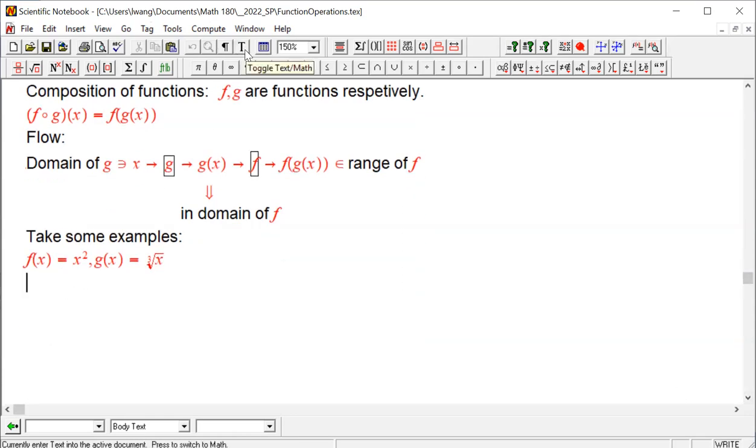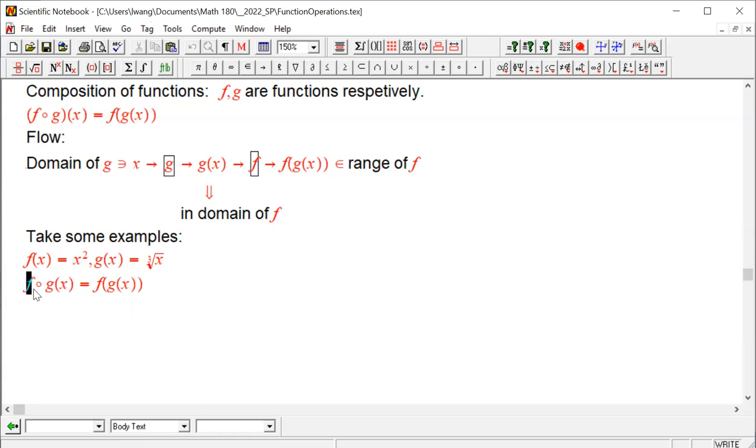I can do F composite G. What do I get? I'll get F of G of X, right? That's the definition. So what does it do?